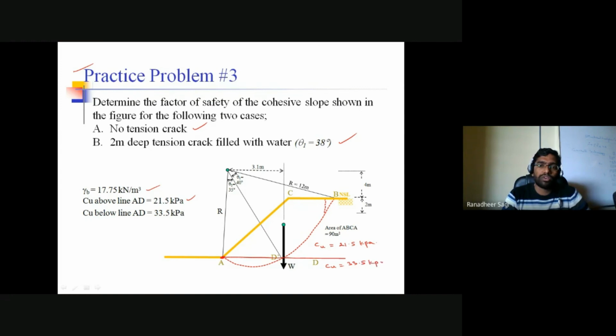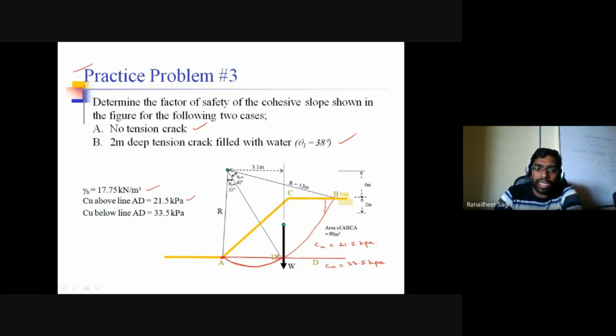Because of which, the cohesion value you are going to be considering when the failure surface is in between A to D dash, this region, A to D dash region, the cohesion value I should be considering in writing my expression is Cu equal to 33.5 kilopascal.